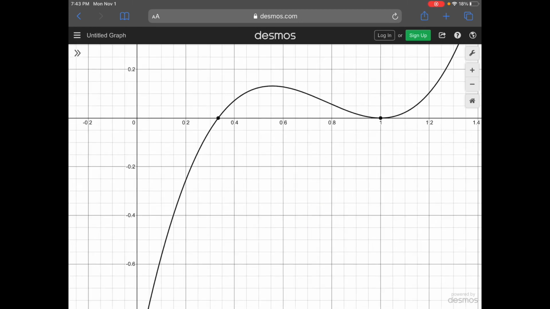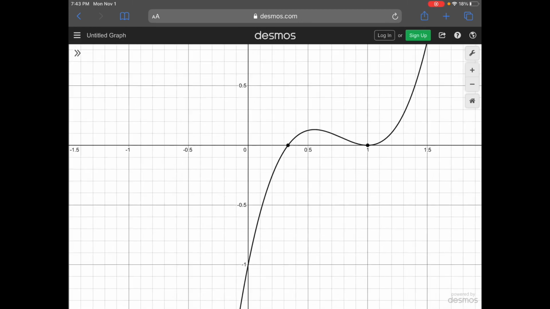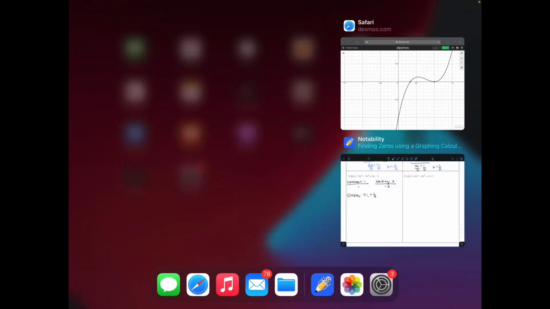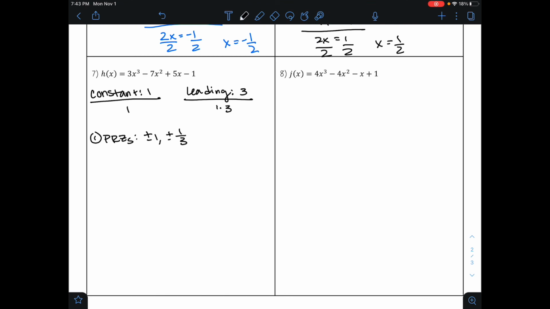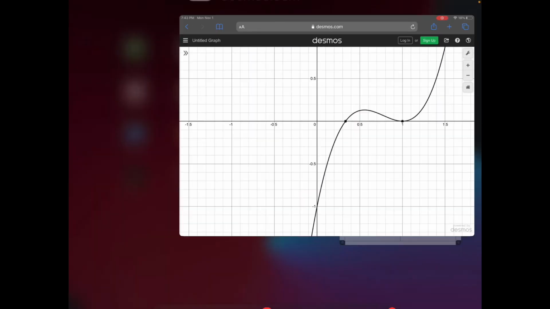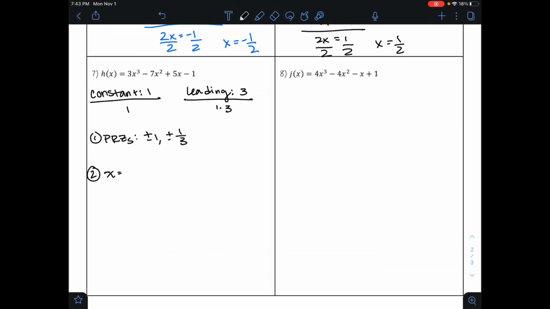So because we are tangent at 1, that means that 1 has a multiplicity of 2 because we touch and turn around there. So again, our zeros were positive 1/3 and positive 1. Positive 1 has a multiplicity of 2 because it is tangent at that point.